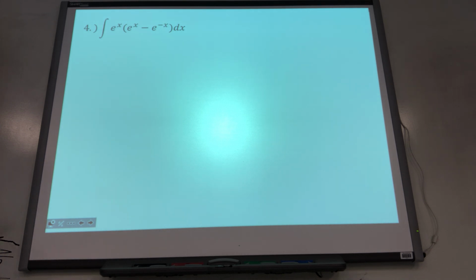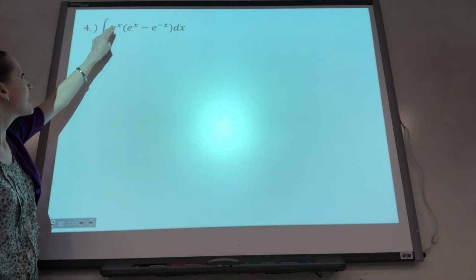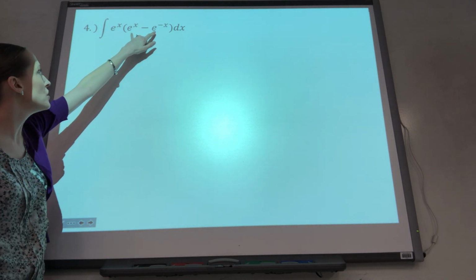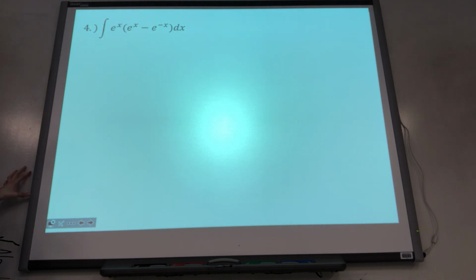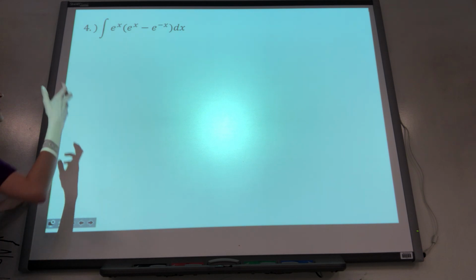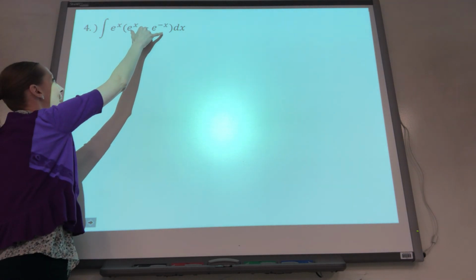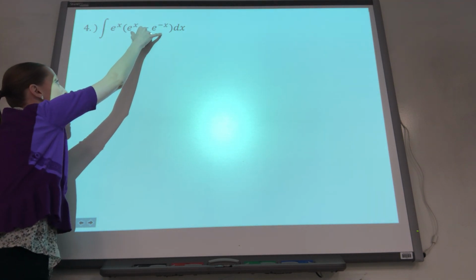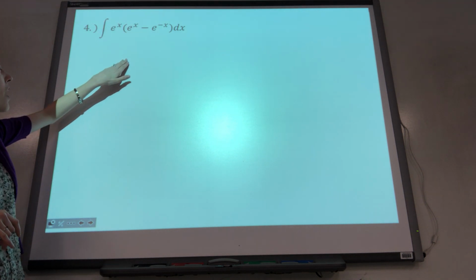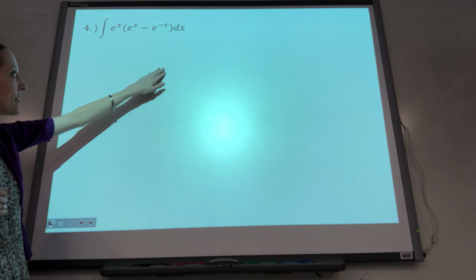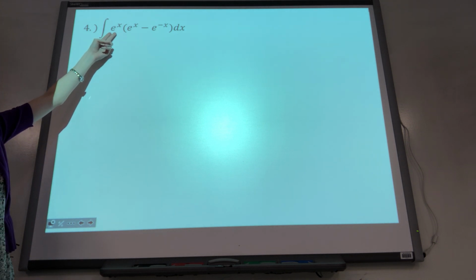All right. Now, on this problem, I'm noticing the e to the x out front, and I notice there's e to the x, or that's a negative x, on the inside of those parentheses. You're probably not going to want to let that equal u, because then du is going to have an e from that part and an e from that part, and you don't have 2 e's out here.